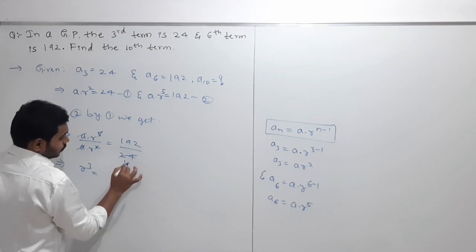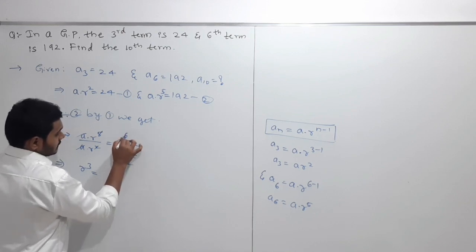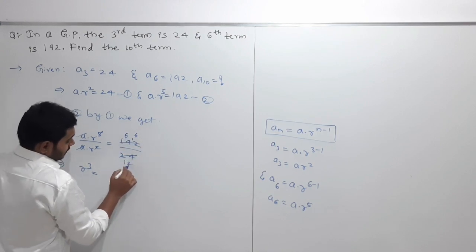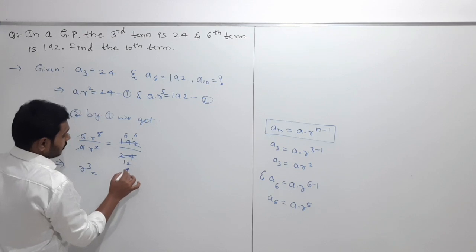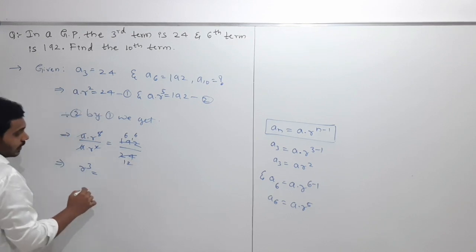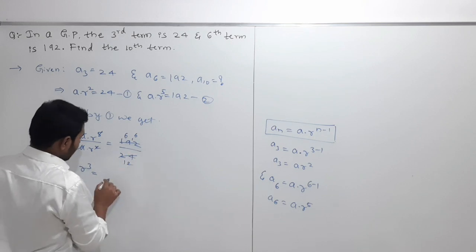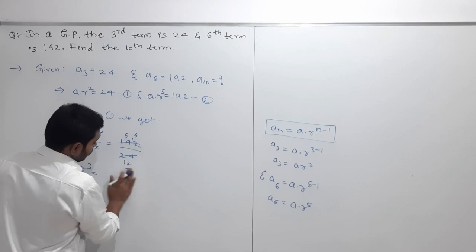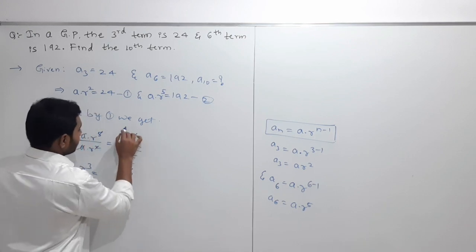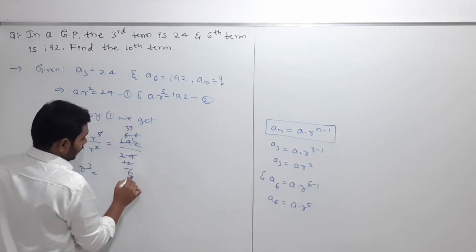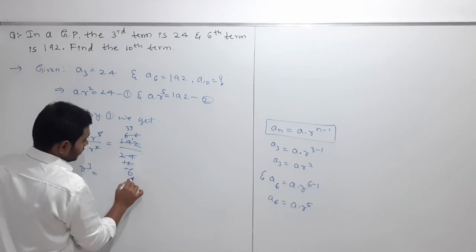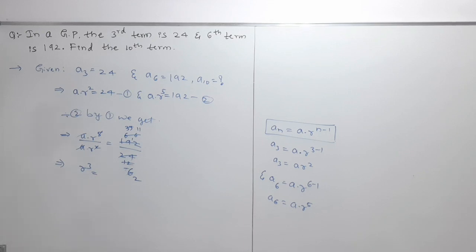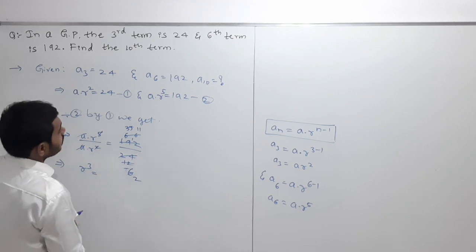Let us simplify: 2 1s are 2, 2 2s are 4, 2 6s are 12. Am I clear? Now I think we did something wrong here.